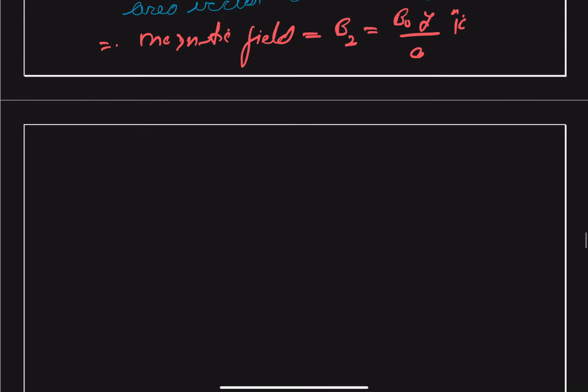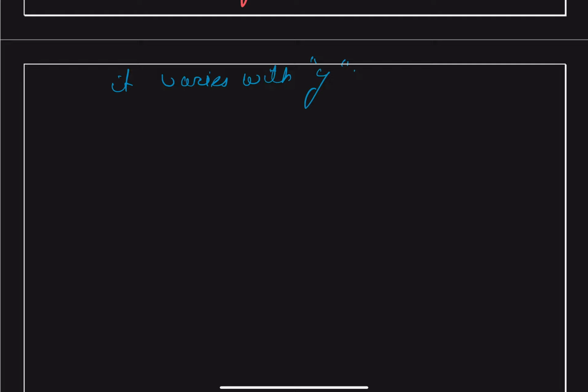So from here we can clearly understand that our magnetic field is dependent upon y. It varies with y.